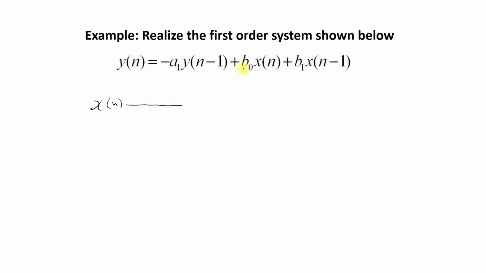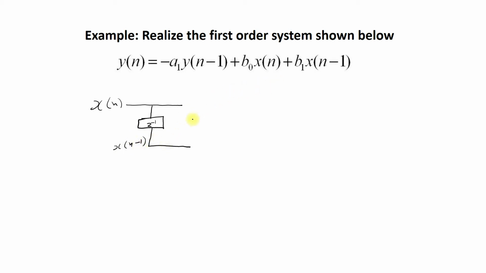Now let us begin with the input side. From the input side we can see b0 x of n plus b1 x of n minus 1. So here we have a delay element, which we can provide here, so that the output of the delay will be x of n minus 1.